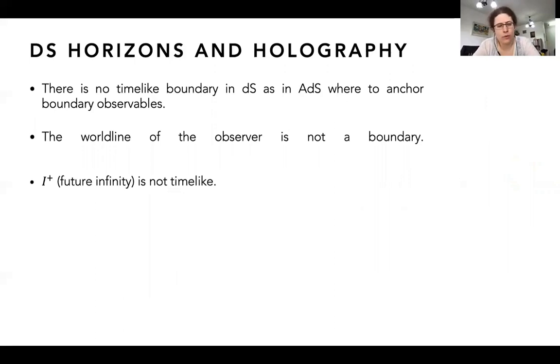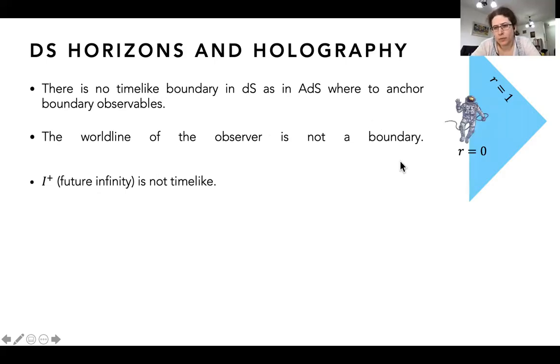The straightforward reason is that we don't have a time-like boundary in De Sitter, like in AdS, where to anchor the boundary observable. The world line of the observer, meaning r equals 0, is not a boundary, it's just a point on the sphere. And scri plus, on the other hand, is a boundary, but it's not time-like. So the theory that lives there is not exactly what we would want from a standard dual with the time direction.